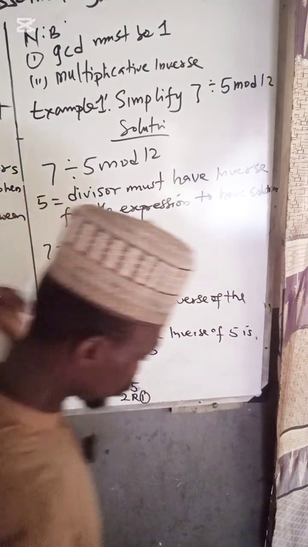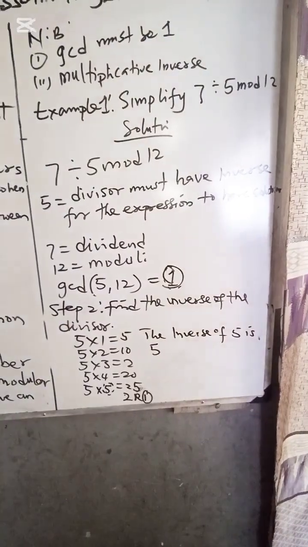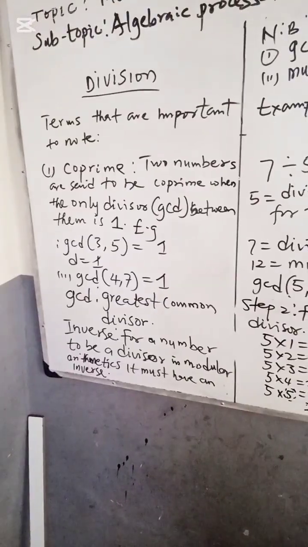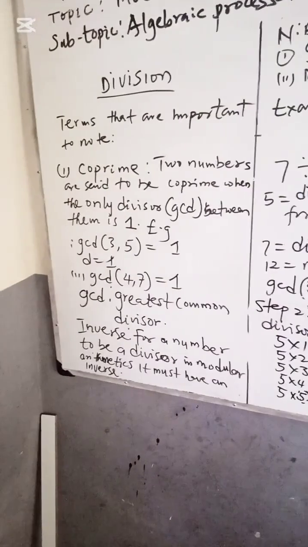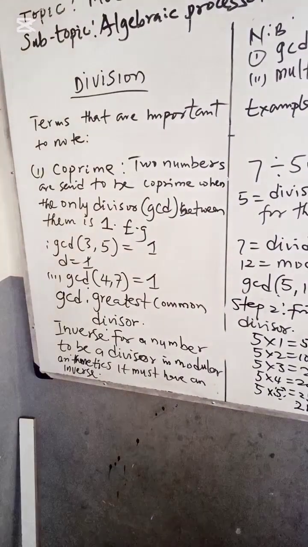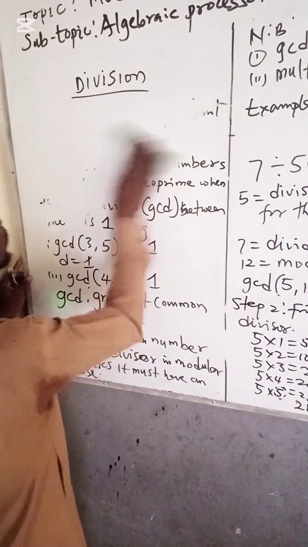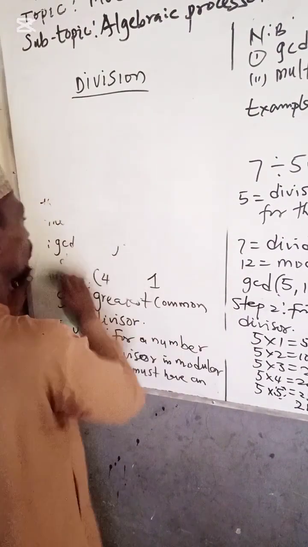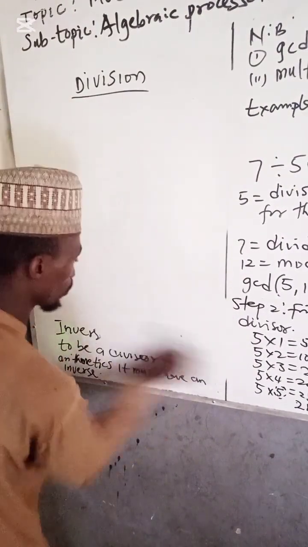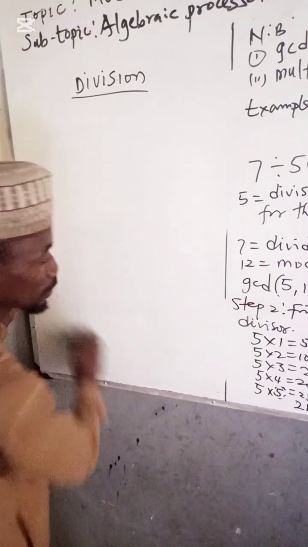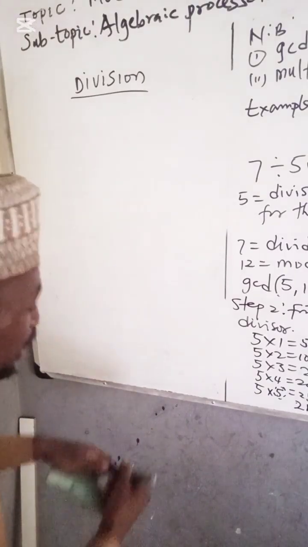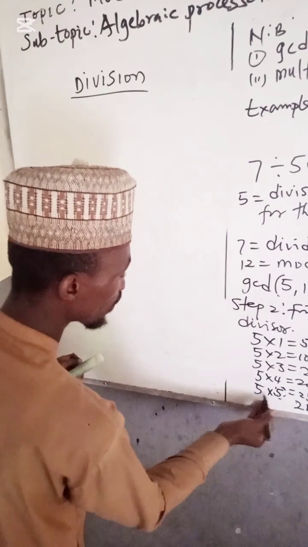You pardon me to use the other part of the board. Now we can say the inverse of 5 is 5.